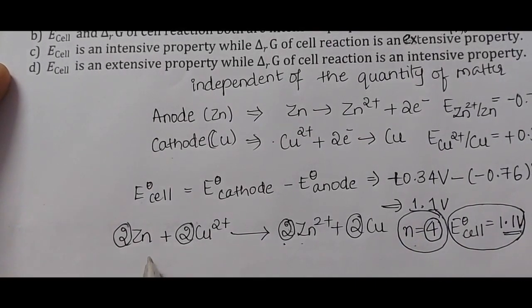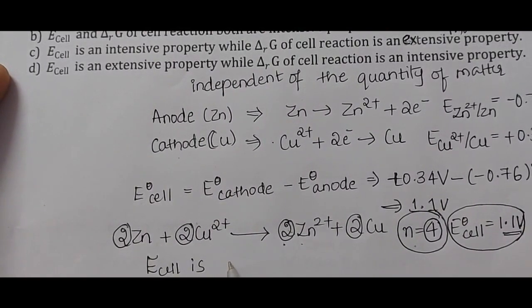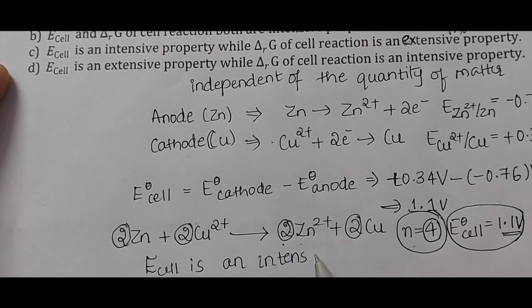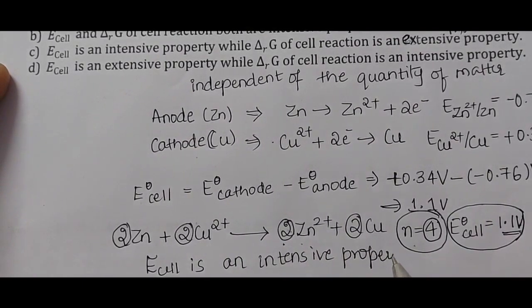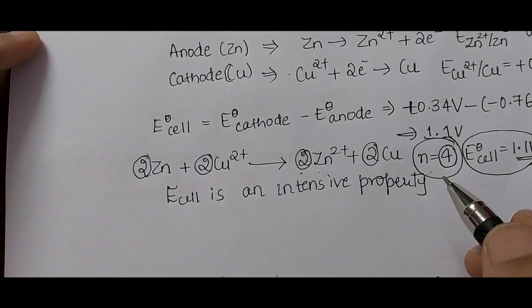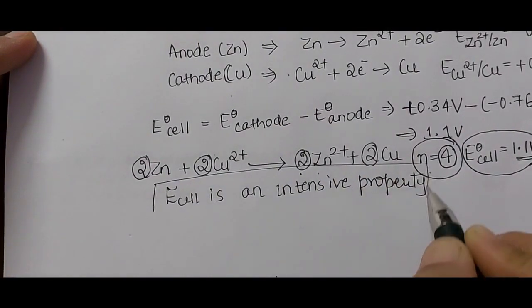And since it is independent, we can say that E cell is an intensive property, as it is independent of the quantity of matter present in the system.